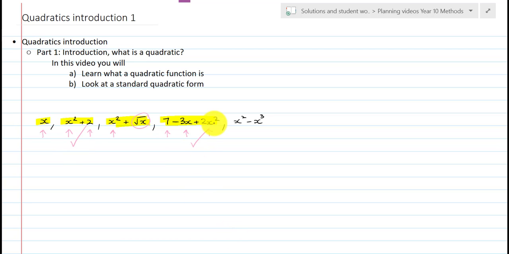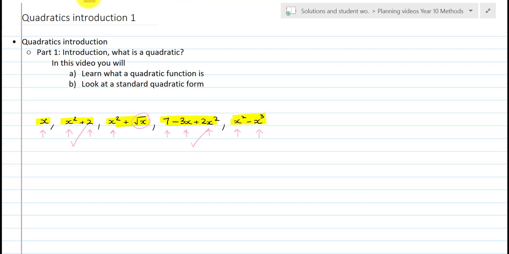Put a tick there and a tick here. And our last one, x squared minus x cubed. Certainly looks like a quadratic and it looks like it has a leading term of x squared, but actually the second term is x cubed, which is a higher power, and therefore this is actually a cubic function, expression, not a quadratic expression.